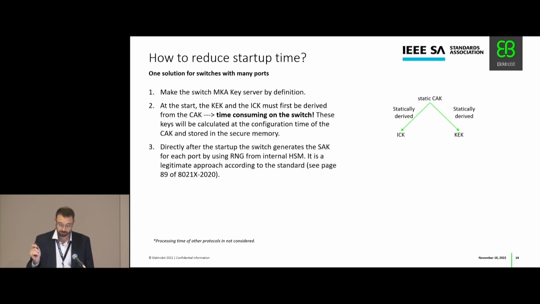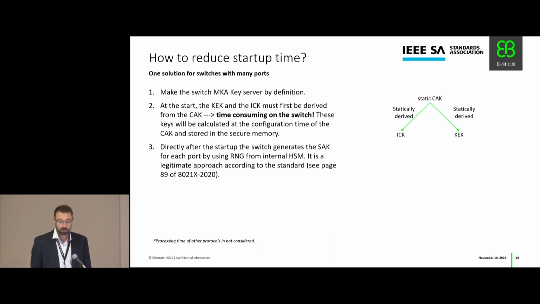The next one was a quite funny part. If you look at the standard, there is one big formula for how to calculate the SAK. And then on the same page, one line saying, well, actually you can use a random number generator from the HSM to calculate or generate the SAK, which is, well, why not do it?